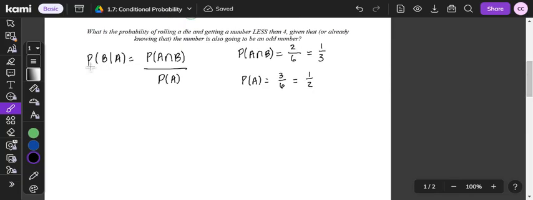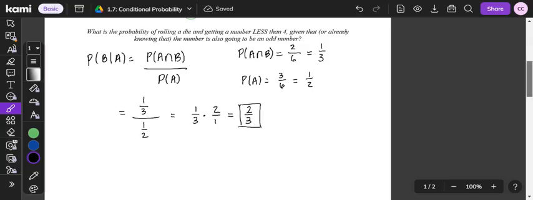To figure out the probability of B given A, I need to take 1/3 and divide it by the probability of A, which is 1/2. Remember, when you divide by a fraction, it's the same as multiplying by the reciprocal. So I am left with 2/3.